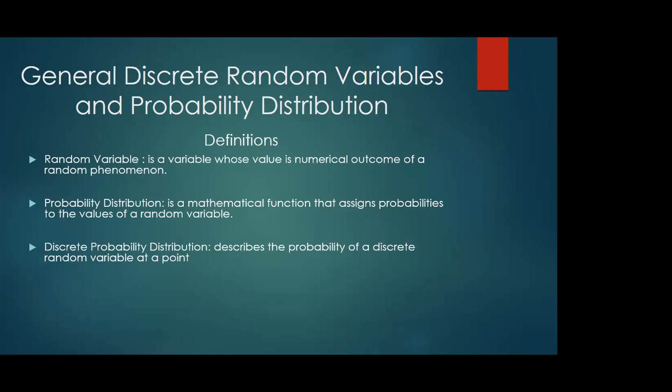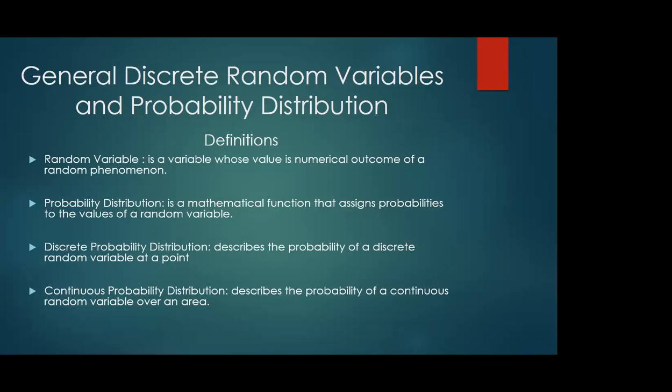A discrete probability distribution would be like a binomial distribution, while a continuous probability distribution describes the probability of a continuous random variable over an area. An example of a continuous probability distribution would be a normal distribution, where we can have decimals, while for discrete it's just a whole number.